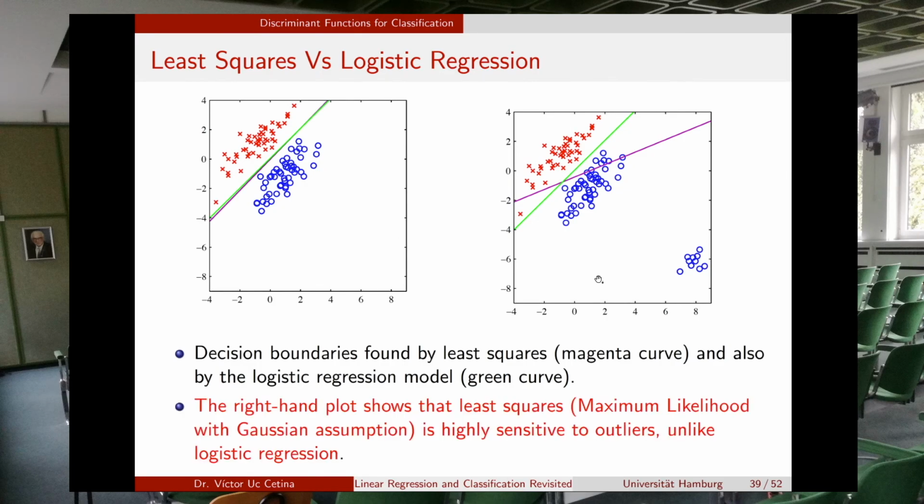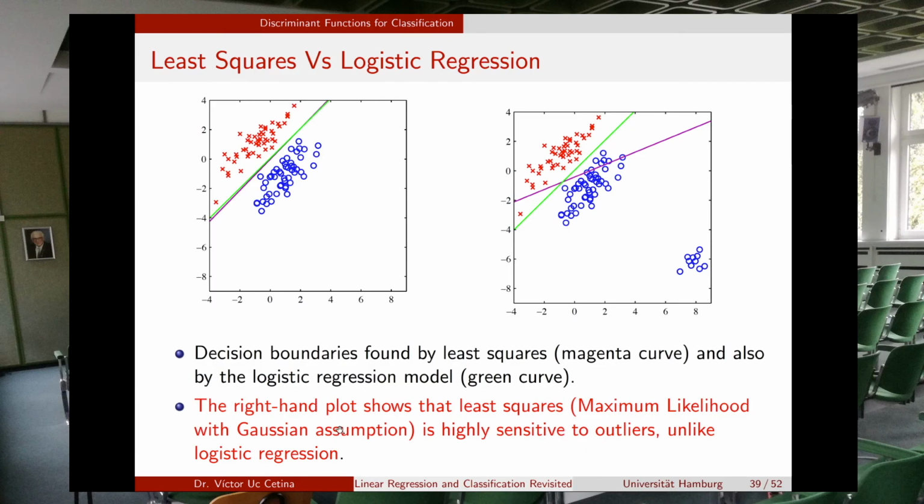And that's mainly because here the least squares is solving what we call the maximum likelihood with some Gaussian assumptions. So assuming that the points are drawn from a Gaussian distribution, and this is highly sensitive to outliers, unlike logistic regression.